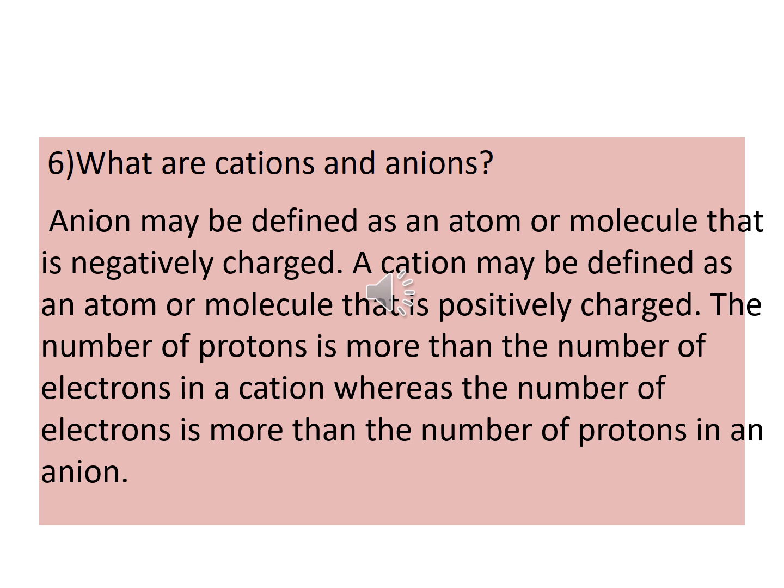The number of protons is more than the number of electrons in a cation, whereas the number of electrons is more than the number of protons in an anion. Okay?